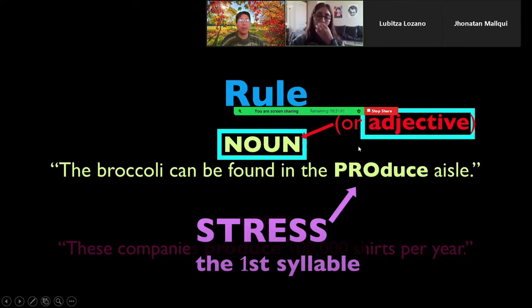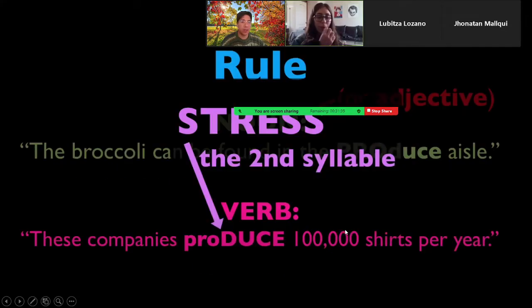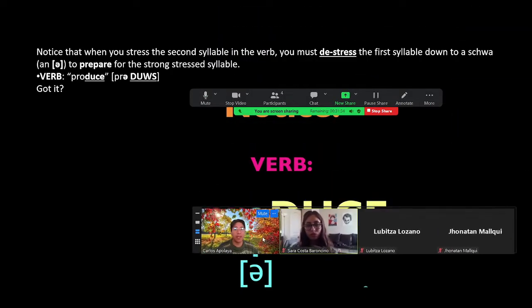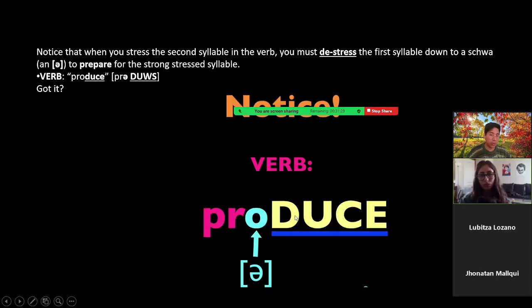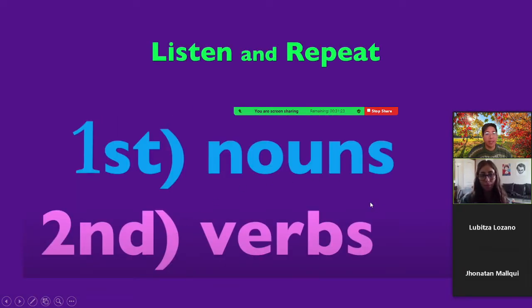And when we have the verb, the stress is in the second syllable. Notice that when you stress the second syllable in the verb, you must not stress the first one. Of course, you don't say produce, it's produce. Let's practice, listen and repeat.